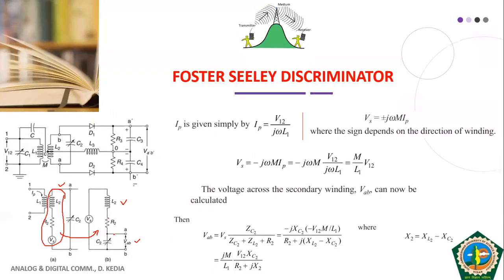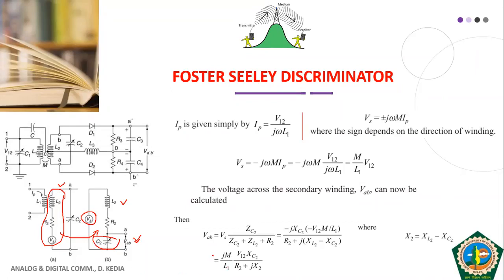From here you can see that VAB can be obtained by applying the voltage divider law. Vs, by voltage divider, gives the voltage across C2.